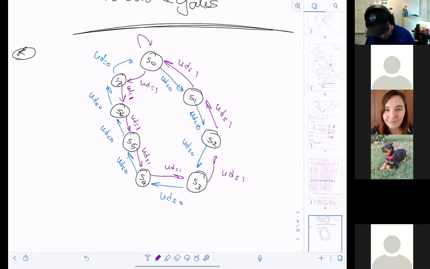And the enable also will be added. So there will be more control input signals to control the movement from one state to another, basically. But it should be a straightforward process. Do you guys agree? Yes.